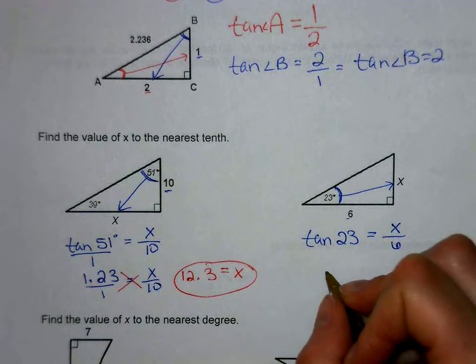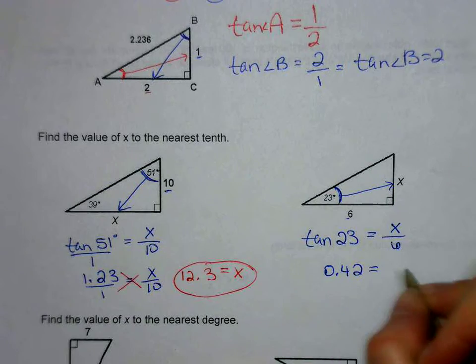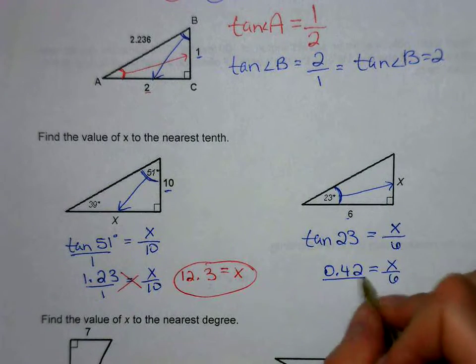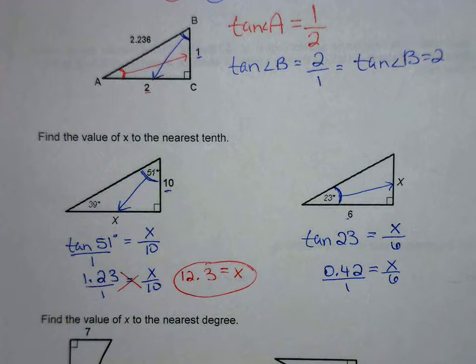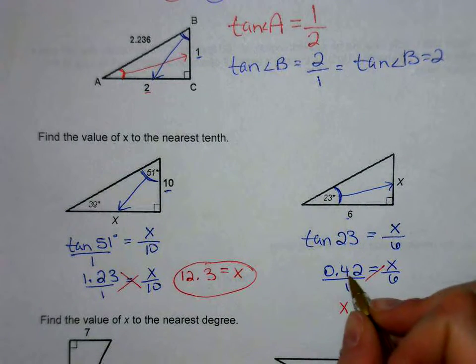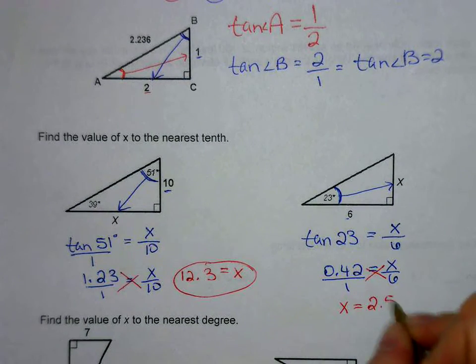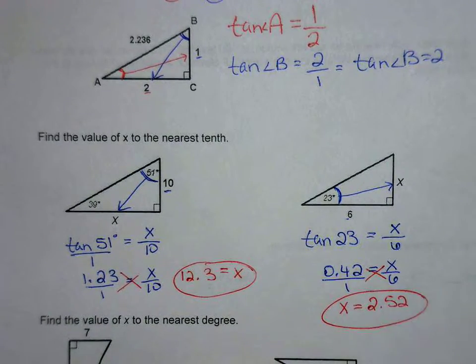Tangent of 23 is 0.42, which equals x over 6. So if we cross multiply, x times 1 is x. 0.42 times 6 is 2.52. So x equals 2.52.